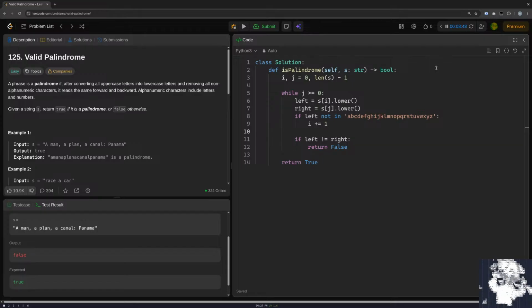So skip over it. And space, right? Space is included. Space should not be included. Space is not included. If right not in this, then move the right pointer to the left.